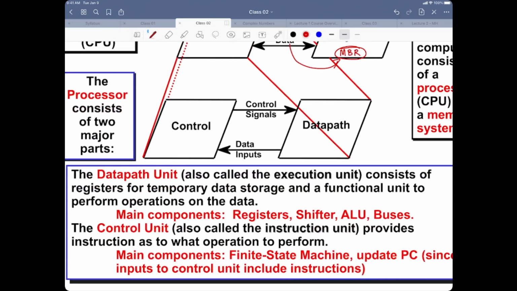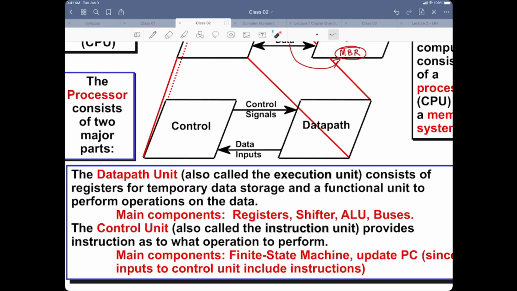Data path will have registers, shifter, ALU, buses, all of those things are going into your data path unit. In other words, the only thing that is going in the control unit is the biggest finite state machine, right? Main job is what? Well, there are many jobs actually. One of the jobs is to look at the opcode, decode that instruction.